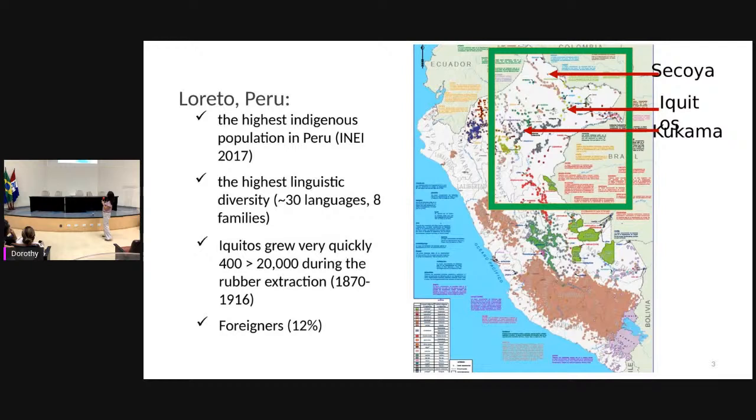Okay, so as a context, here this map represents the linguistic diversity in Peru, and each color here represents a linguistic family. The brown, of course, is Quechua in the Andes, and all the colorful parts is the Amazon.